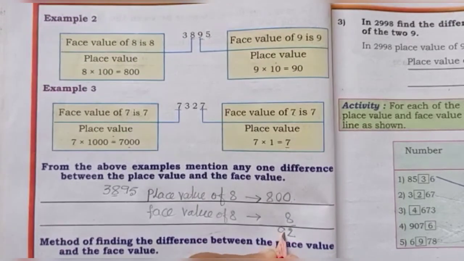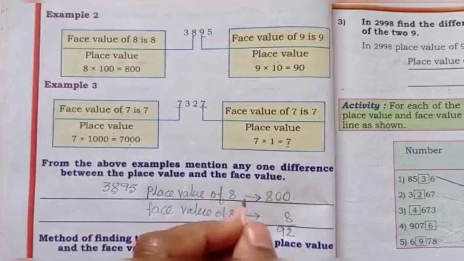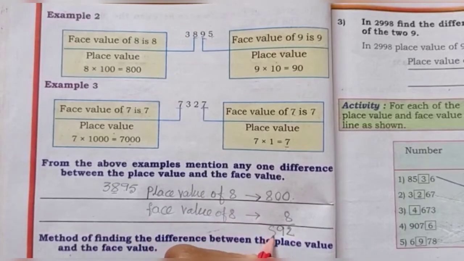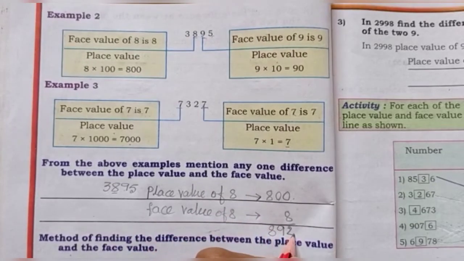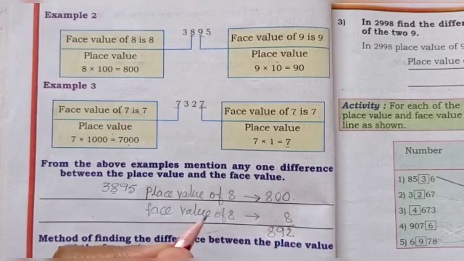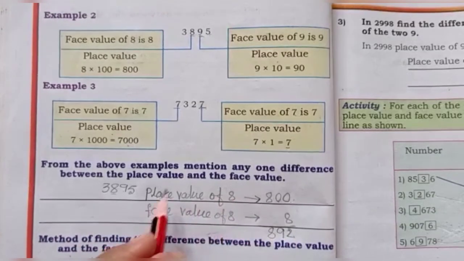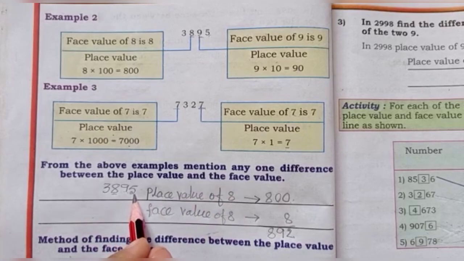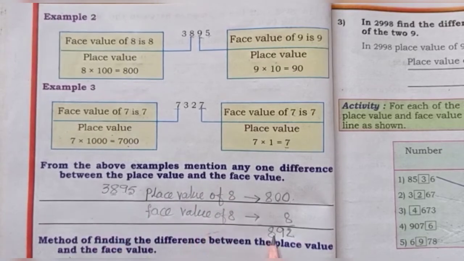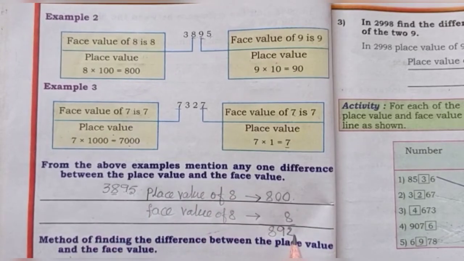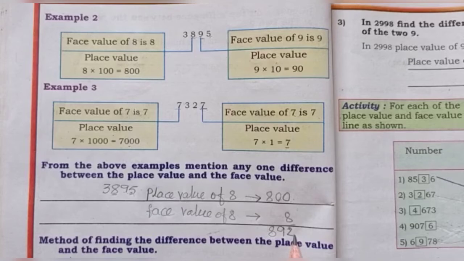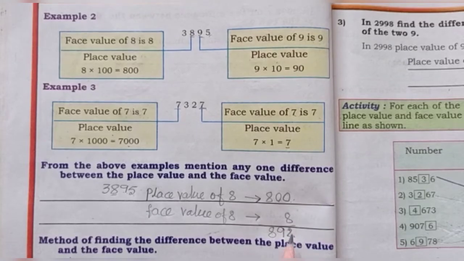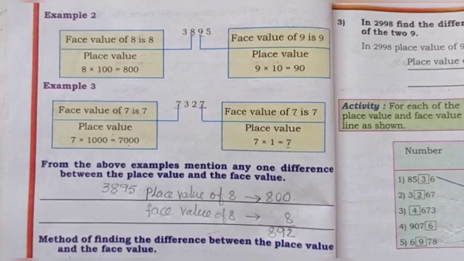There is no number. 9 as it is and 8 as it is. So 892. The difference between face value and place value of 8 in 3895 is 892. Like this, we will see other examples.